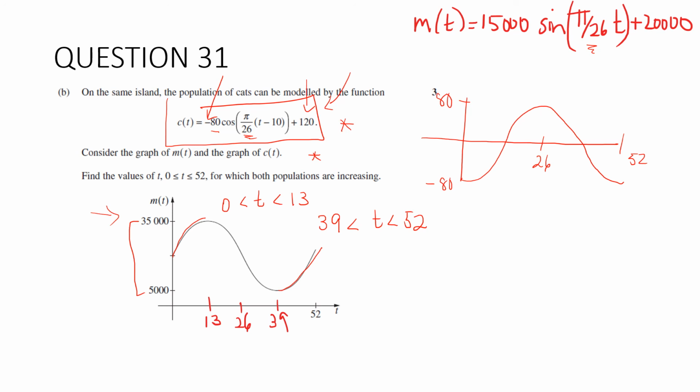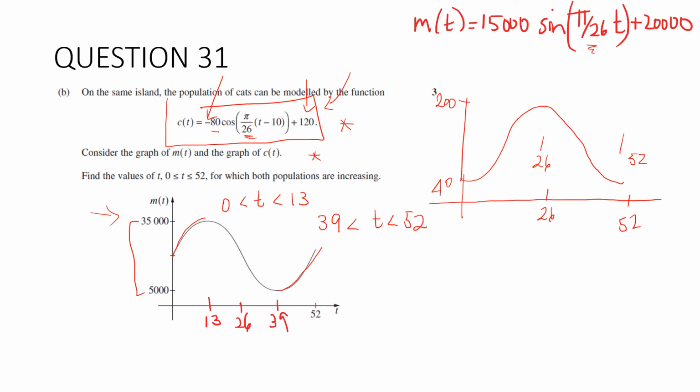So instead of 80 up here, 80 plus 120 is 200. And negative 80 plus 120 is 40. So I'm just going to move that axis. I hope that works. It does. So down it comes. Down here, and I want the 26 there and the 52 there.